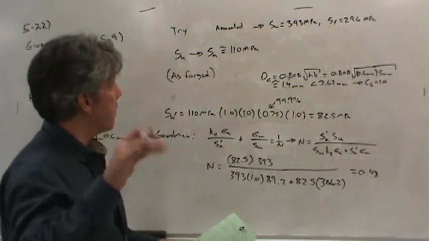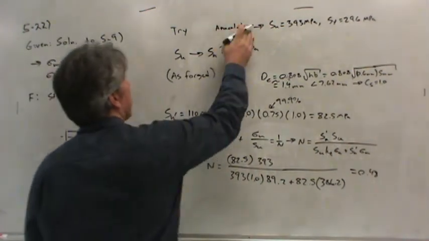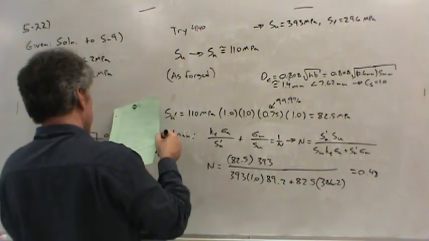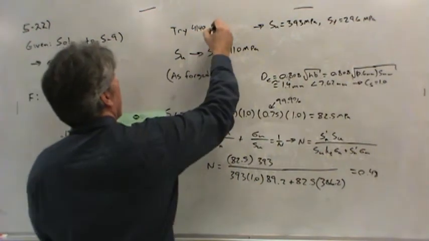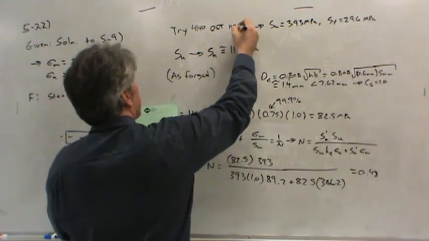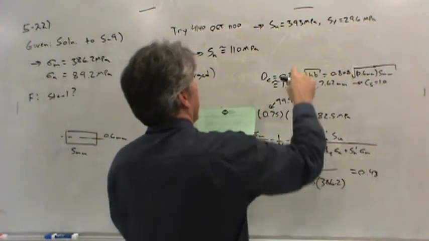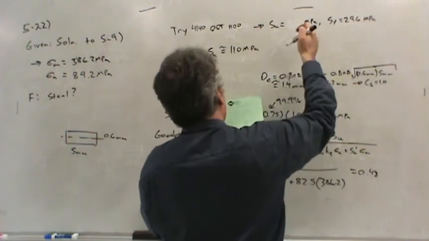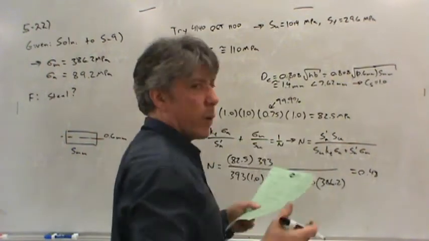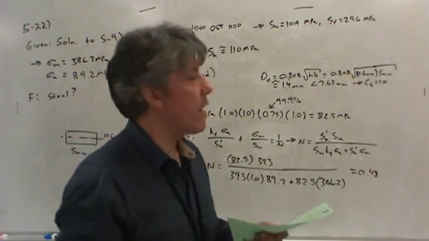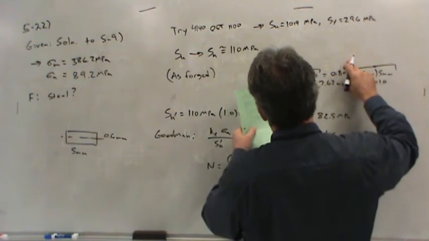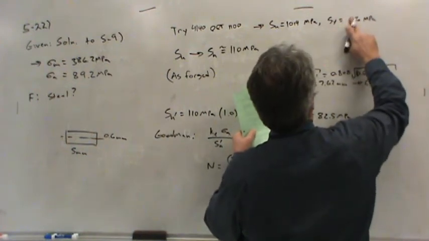So I found that 4140 OQT 1100 had an ultimate strength of 1014 megapascals. Before we had an ultimate strength of about 400, so about 2.5 times. And it has a yield strength of 903.